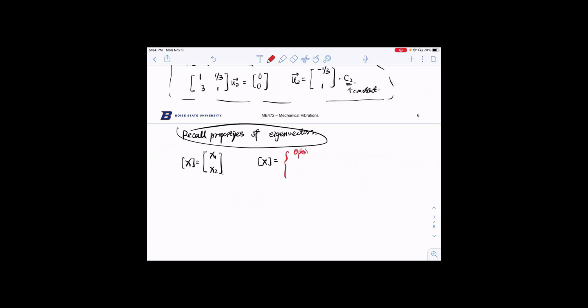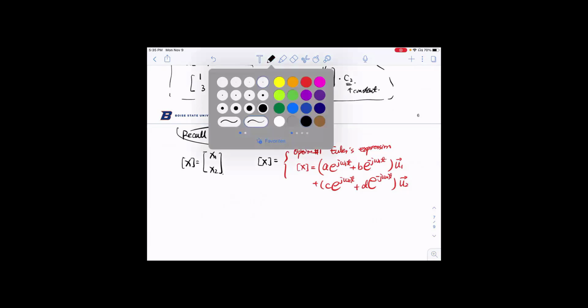Option 1, Euler's expression. So your X will be A e^(jω1t) plus B e^(-jω1t) times U1, plus C e^(jω2t) plus D e^(-jω2t) times U2.